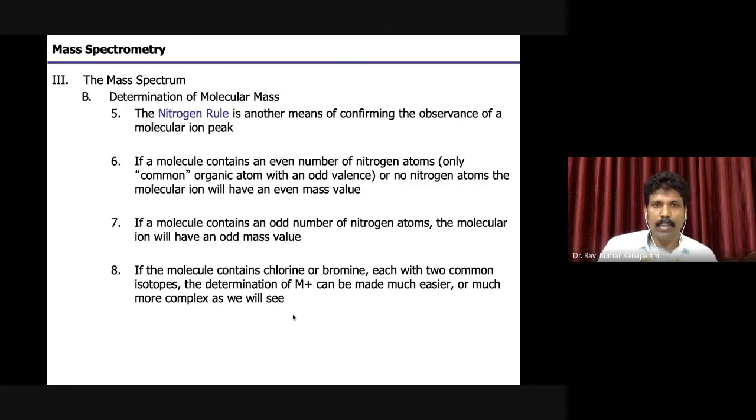So that is a peculiarity of the nitrogen atom. This rule actually came from nitrogen's peculiarity, and in the whole periodic table it is the only element with this peculiarity. What is the peculiarity? The atomic mass of nitrogen is 14, but the atomic number is 7, an odd number.